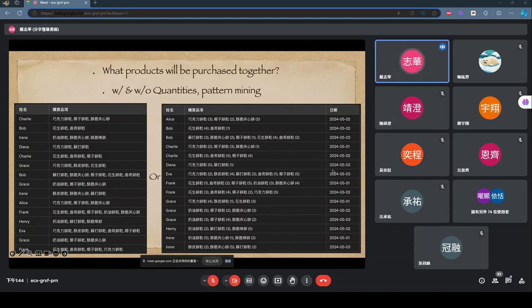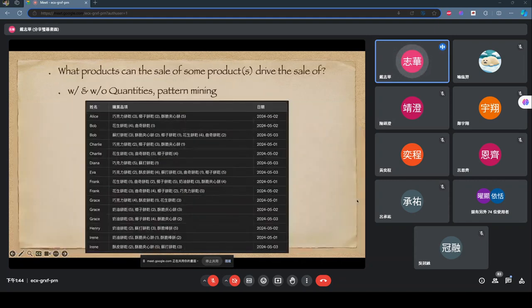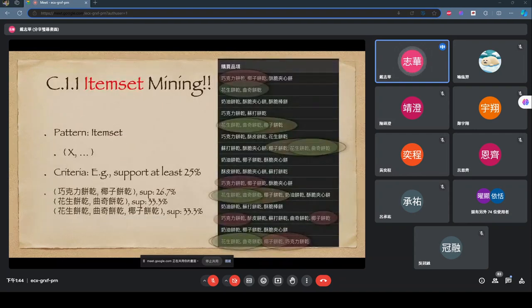Okay, and for those two tables, what we can do is, for example, the basic one, the simplest one, is the item set mining pattern. Here we define the pattern as the format of an item set. This is what I called the draft. You need to have a very high concept level.